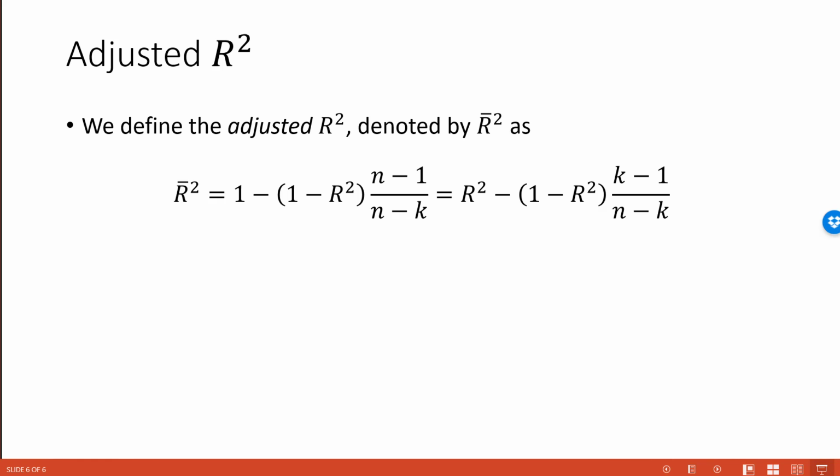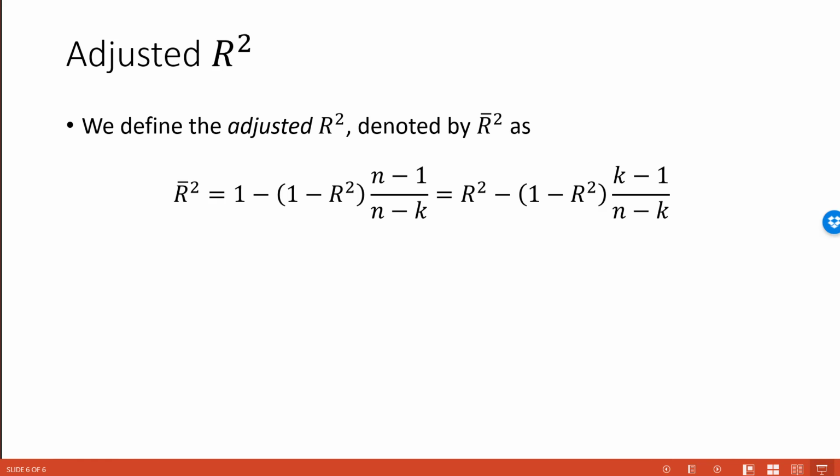So these are two common formulas for R bar square and they will return exactly the same value, so you can use any one you like. But you can see that if you increase k, everything else is the same, R bar square will actually go down.